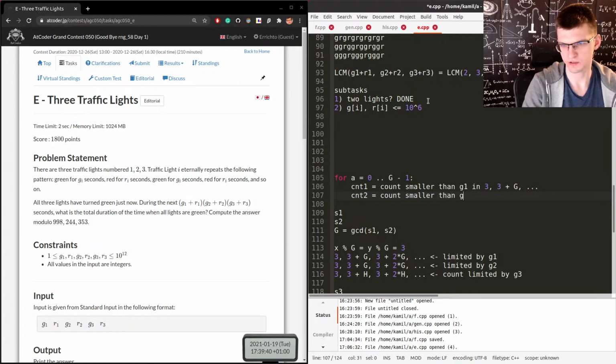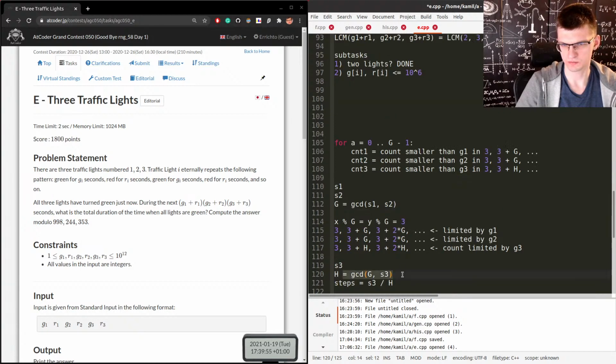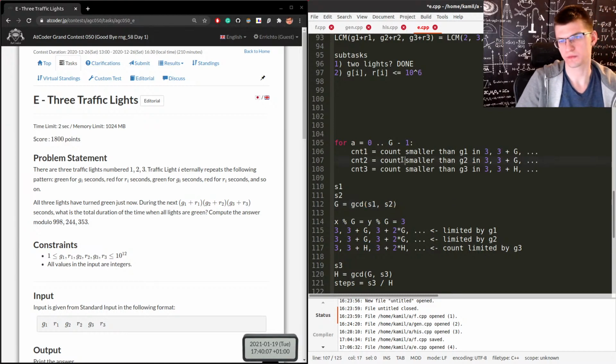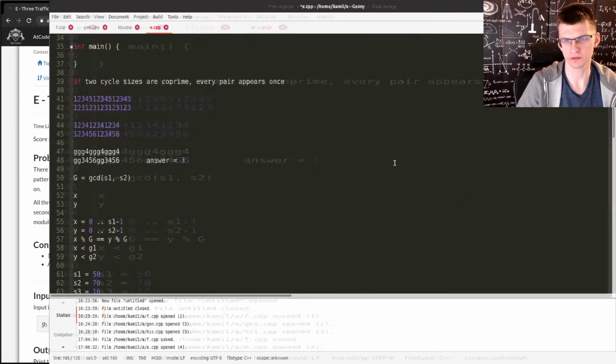Count smaller than G2 in this. Where H is defined here and the G is defined there. Well, let's try that. It won't be a long code.